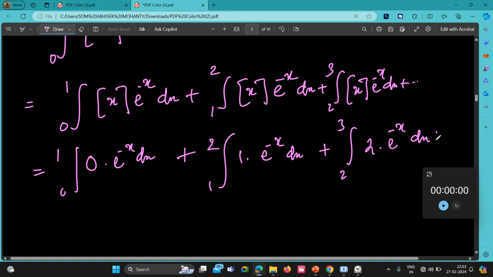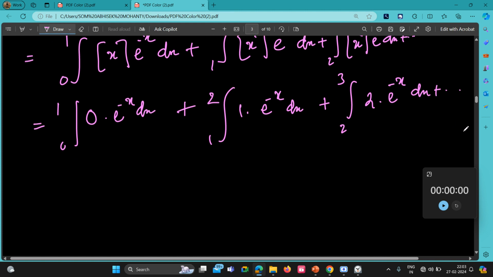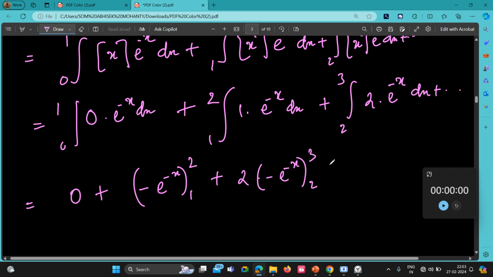It will go on and on. Now 0 plus 1 to 2 e to the minus x, so it is minus e to the minus x from 1 to 2, plus 2 times minus e to the minus x from 2 to 3.